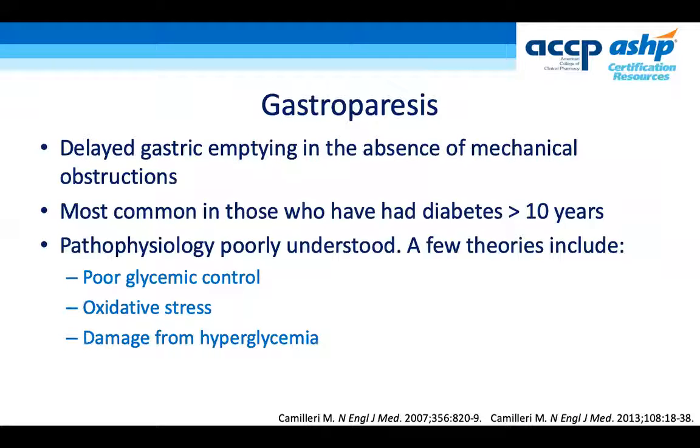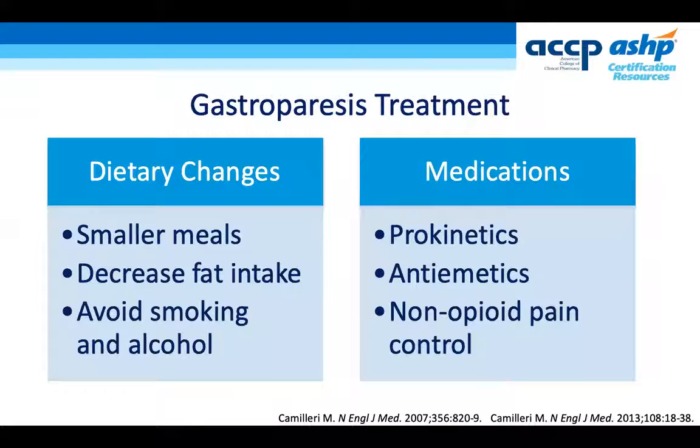Gastroparesis is delayed gastric emptying in the absence of mechanical obstruction. It's most common in those who have had diabetes for greater than 10 years, so it's a long term complication. And while we don't have a great understanding of the pathophysiology, it seems to be related to poor glycemic control, oxidative stress, and damage from hyperglycemia on our stomach lining and gastric area.